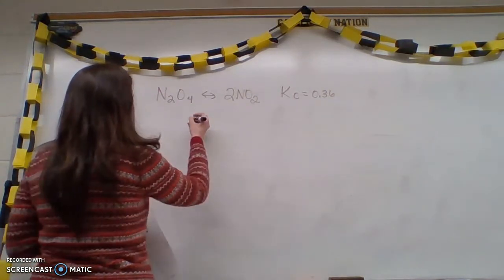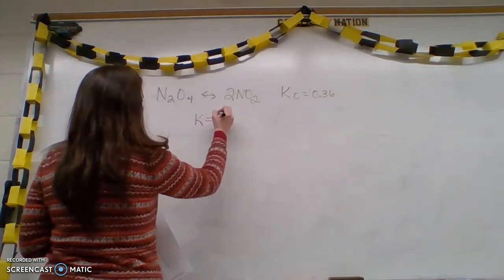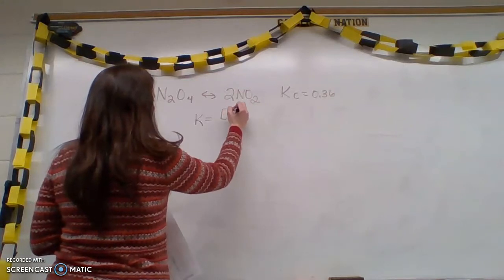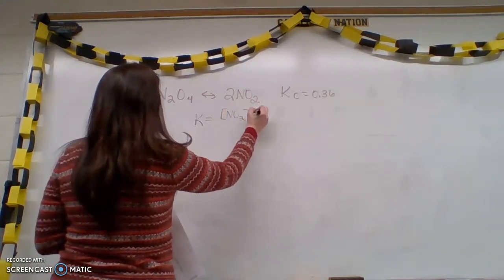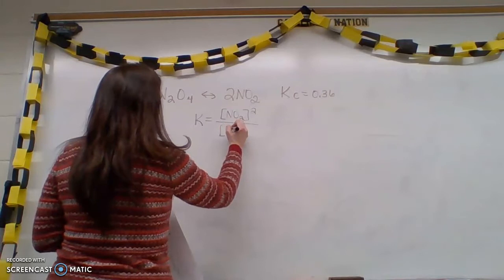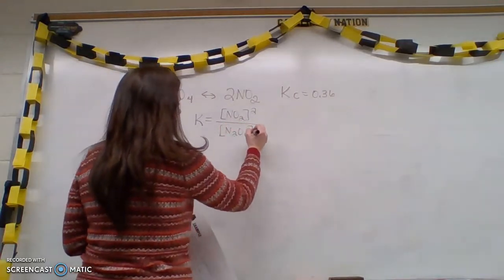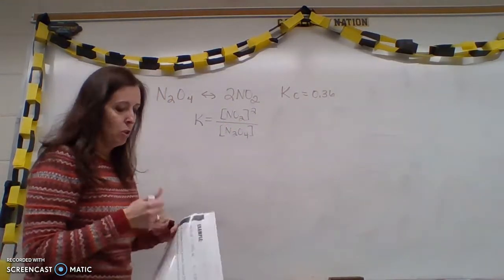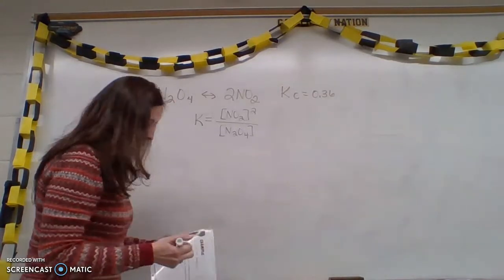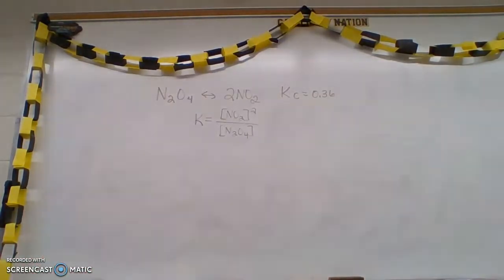And so I know that equilibrium constant is products over reactants. So these are my products over my reactants, okay? Easy peasy, we've been doing that for a while. And oopsie daisy, that did not go the way I expected.